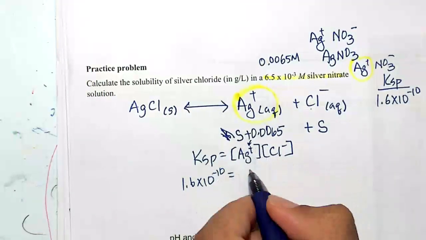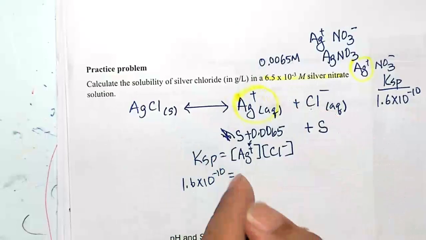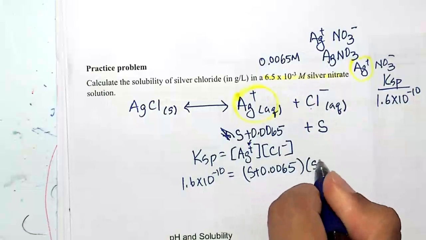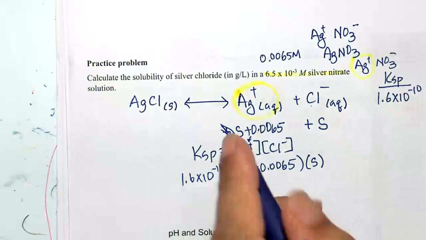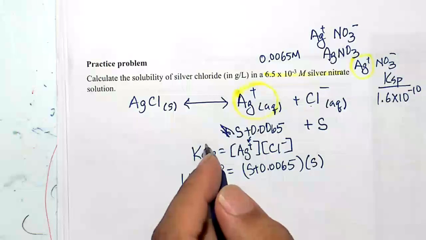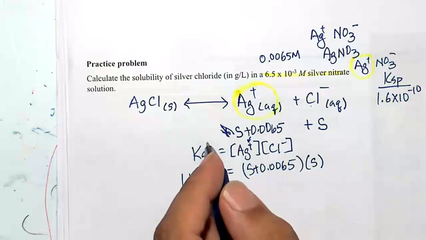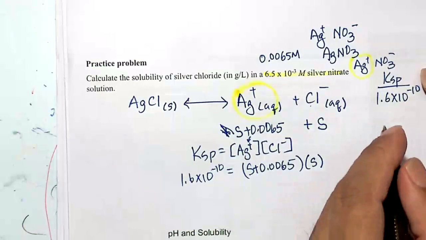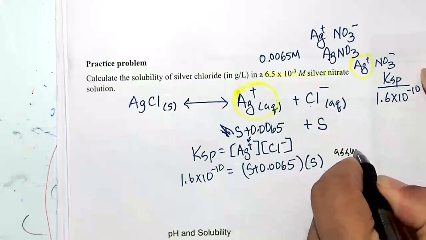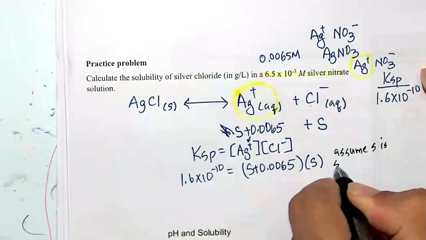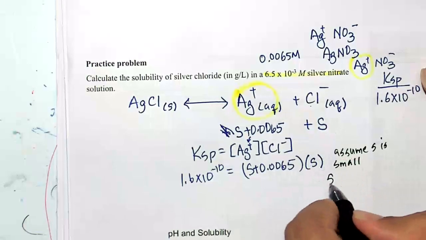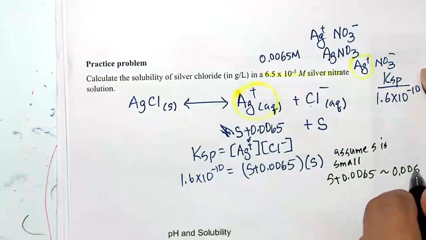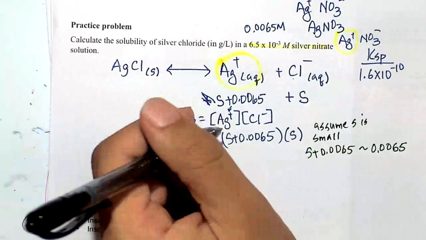So this is going to be S plus 0.0065, and this is going to be S. And then we're going to assume S is small. So this is what you're going to do on the exam. So that means S plus 0.0065 is about 0.0065.